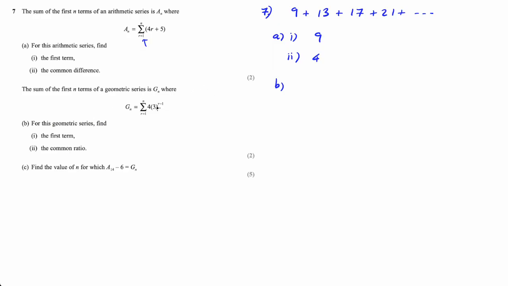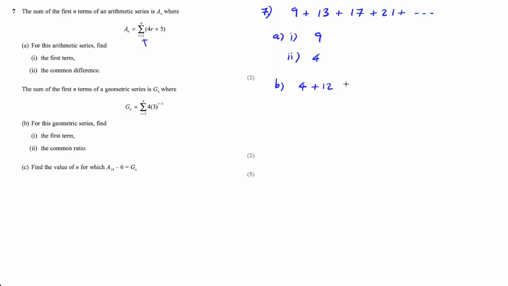Okay, let's do the same thing, guys. Sub in 1. We get 4 times 3 to the power of 0, which is 4 times 1, which is 4. So the first term is 4. The next term, we sub in 2. 4 times 3 to the power of 2 minus 1 is 4 times 3, which is 12. Then the next one, sorry, it's plus again, guys, plus 12.